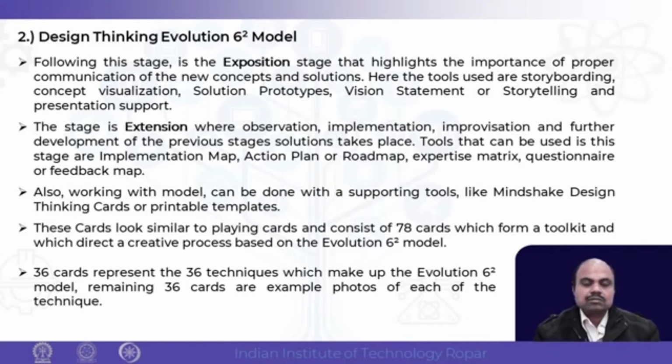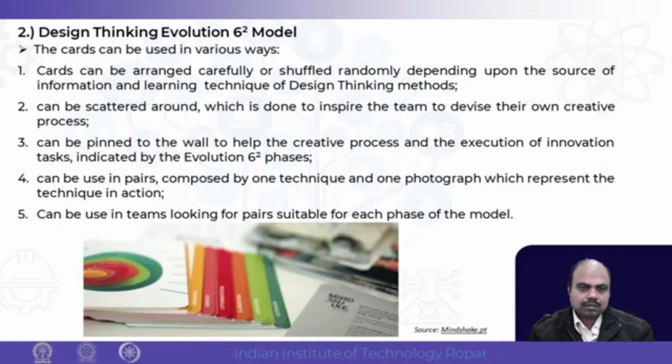Working with this model can also be done with supporting tools like Mindshake design thinking cards and printable templates. These cards look like playing cards and consist of 78 cards, which form a toolkit that directs a creative process based on the evaluation of the 6 square method.